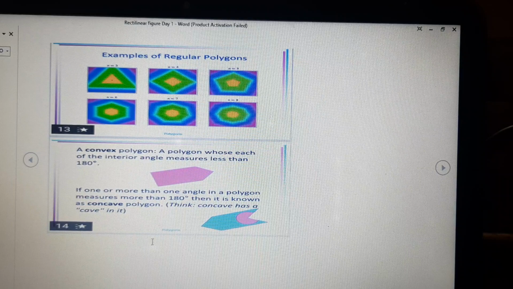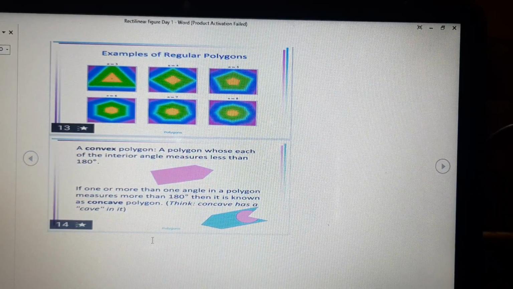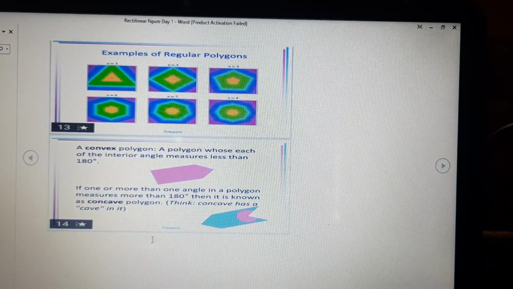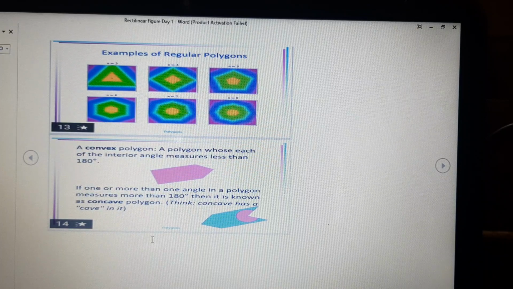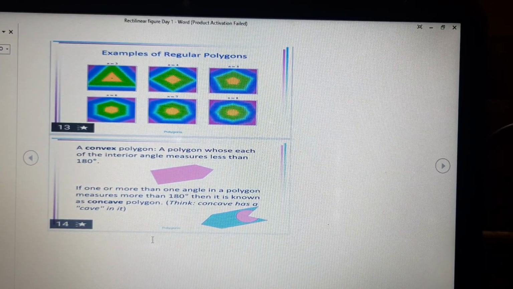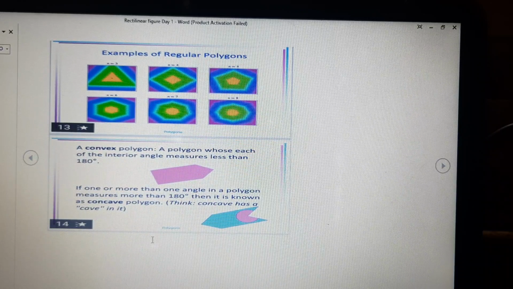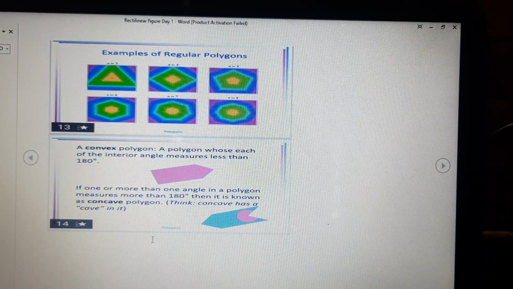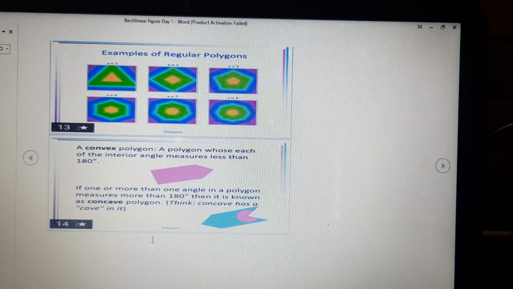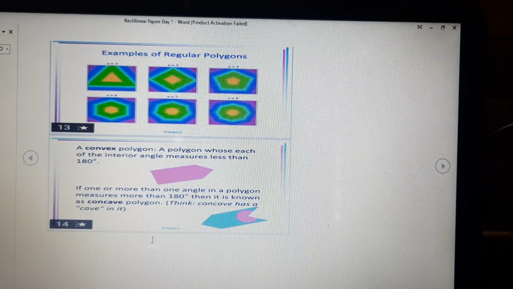A convex polygon is a polygon in which all interior angles are less than 180 degrees. An angle can be acute or obtuse, but it should not exceed 180 degrees.